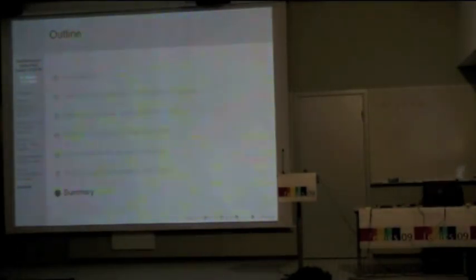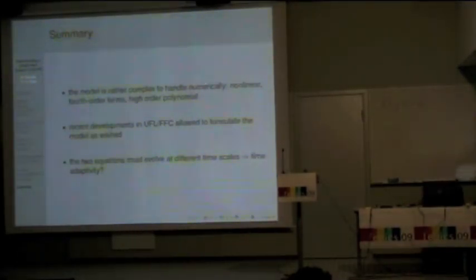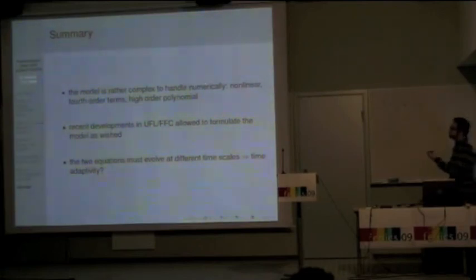And I'm going to finish with some conclusions. The model we have to deal with is rather complex because it's nonlinear. We have to deal with a high order polynomial, and we got fourth order terms. We got different kinds of equations, which require a different approach. For the Cahn-Hilliard equation, we had simply a split in two equations.